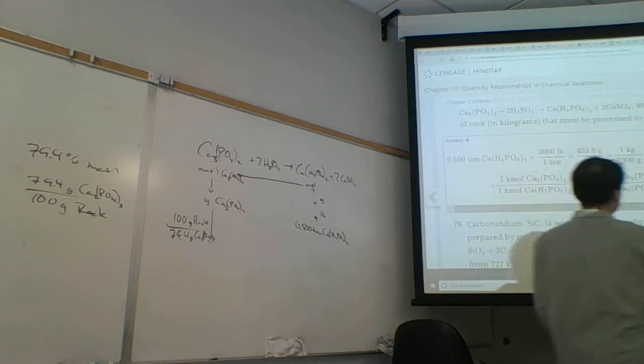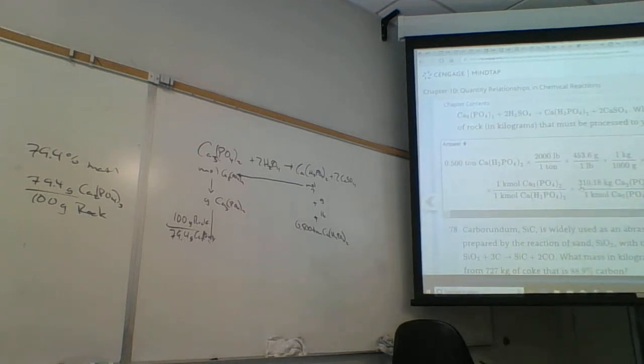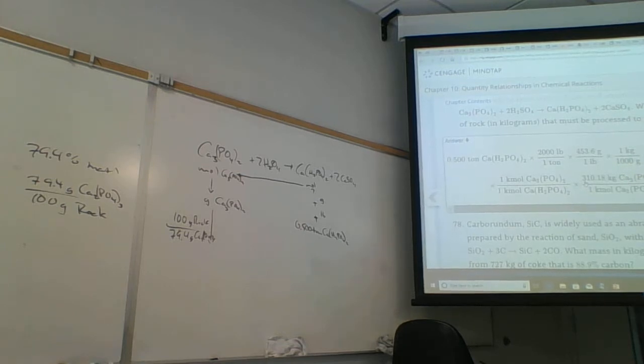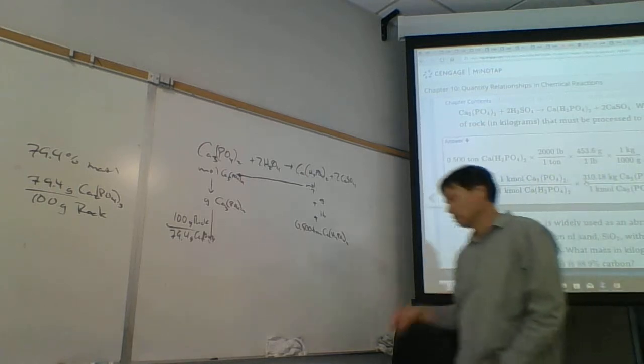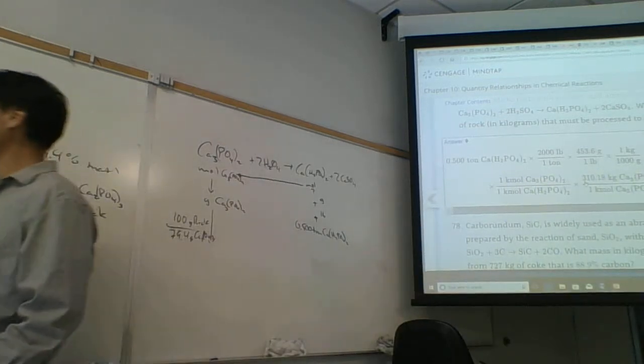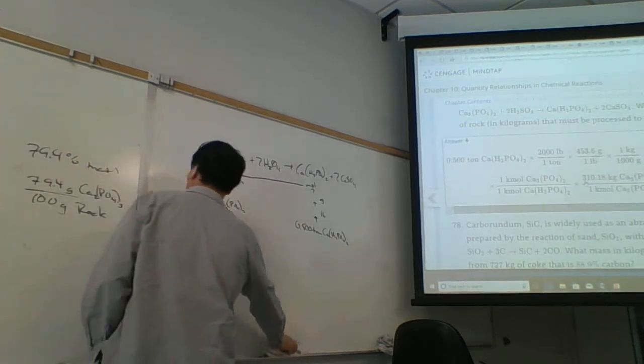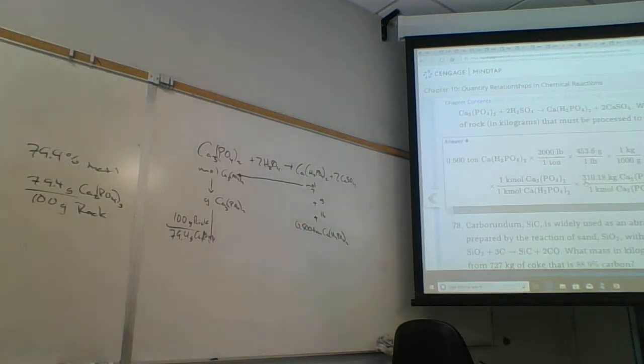And so here, if we stopped here, we get the grams of calcium phosphate, but we got to add one more step because we're not using pure calcium phosphate, we're using this mixture here. So we got to calculate the grams of mixture. That's exactly like this. We got to calculate how many grams of air we need, not of O2 we need, of air.